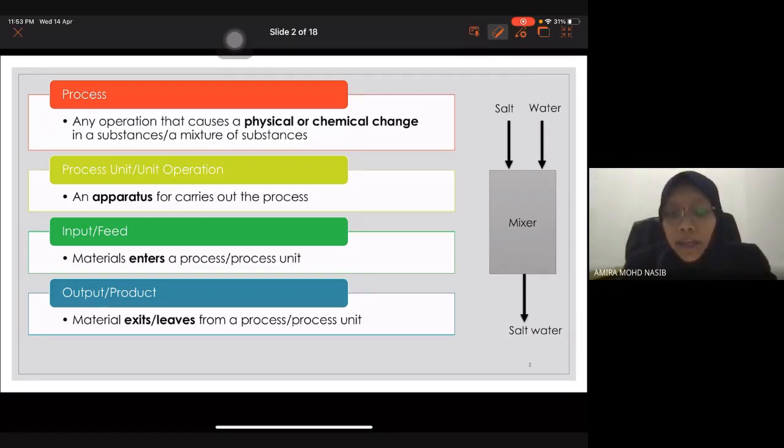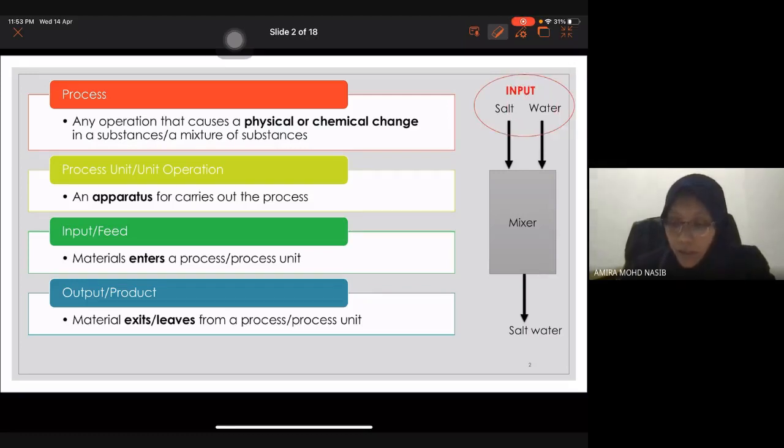At the end, the material that you can take out from the oven is the cake itself. So the cake is what we call the output or a product.